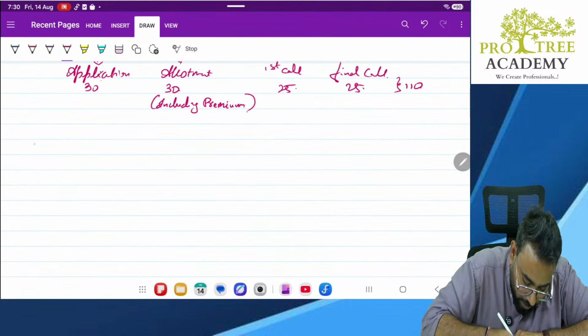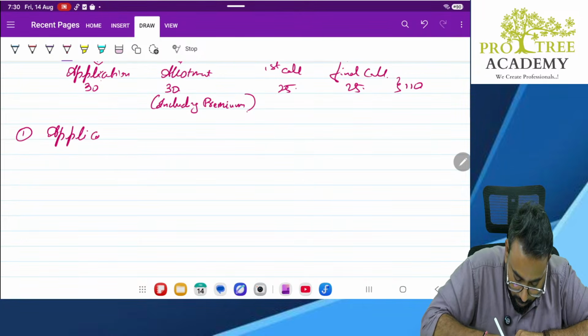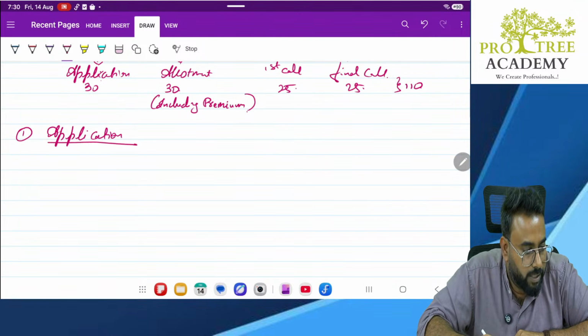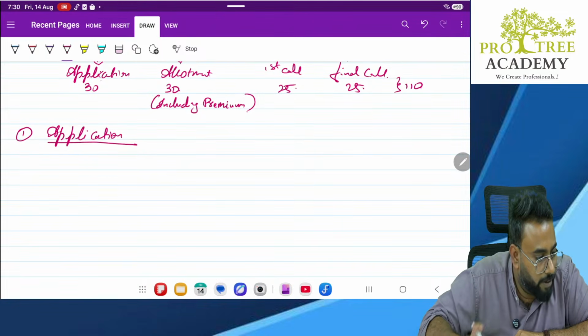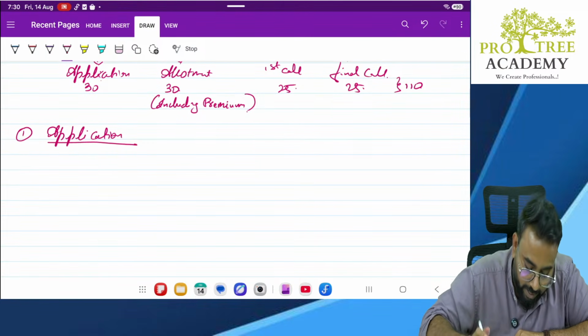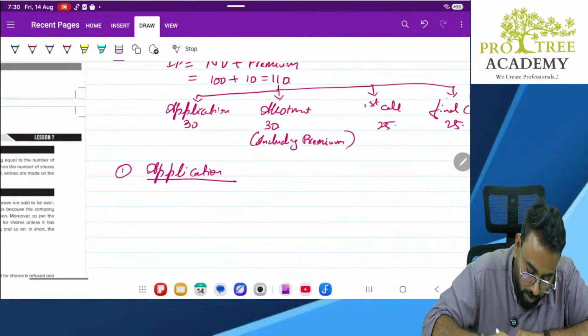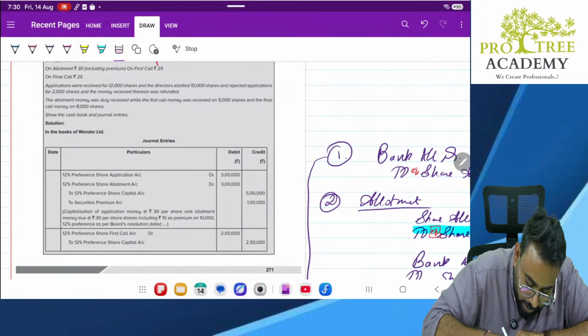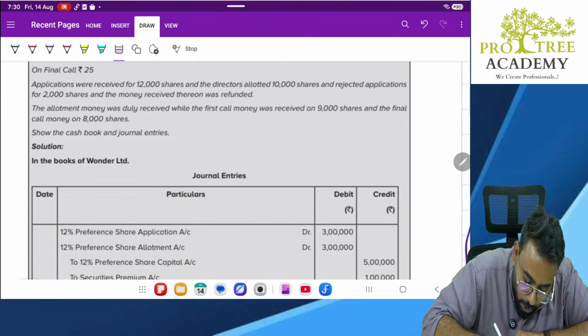Now, on application, what is the entry? Oh, wait, hold on. They have given adjustments also. Applications were received for 12,000 shares.